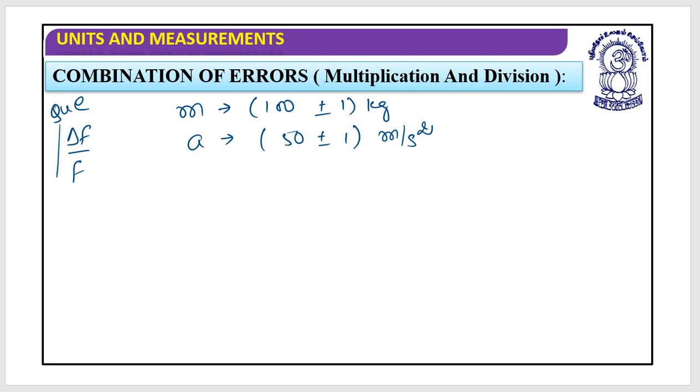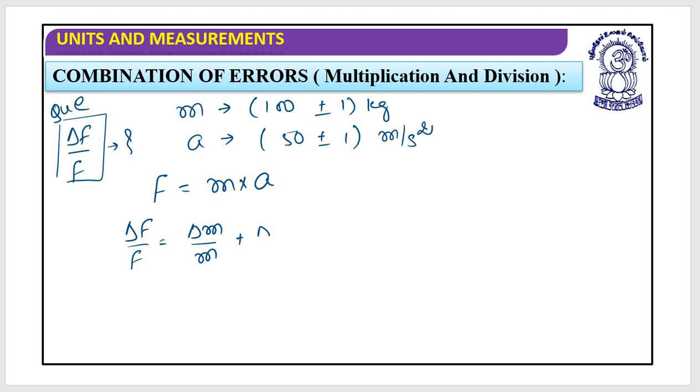I need to find the relative error in the calculation of the force. What I know is the relation F is equal to mass times acceleration. So I can write delta F by F is equal to delta M by M plus delta A by A.